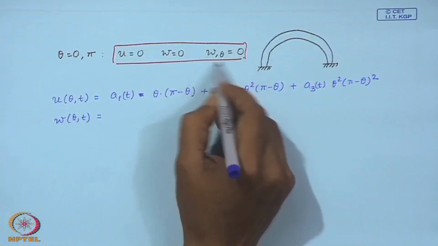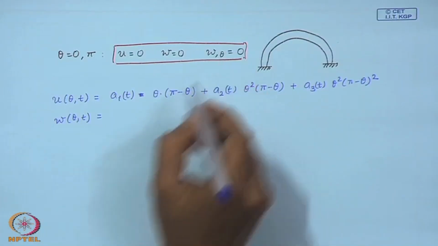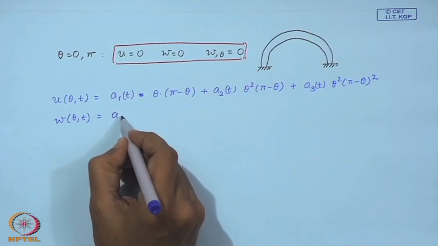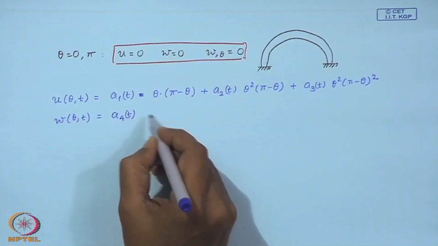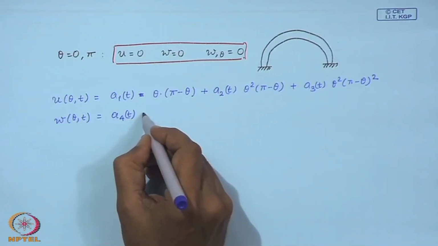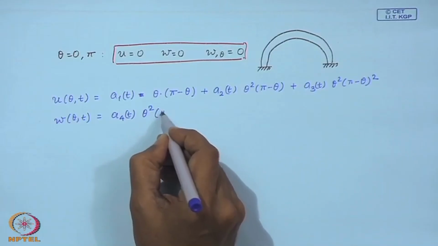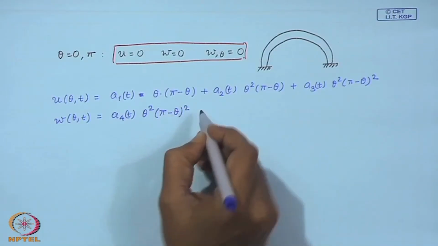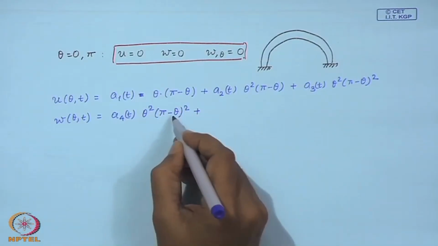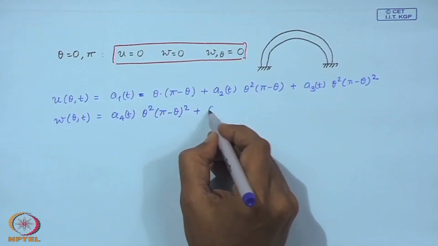Now, here because you have this slope condition as well, so del w del theta condition, the admissible functions for w must be taken like this: theta square, pi minus theta whole square.